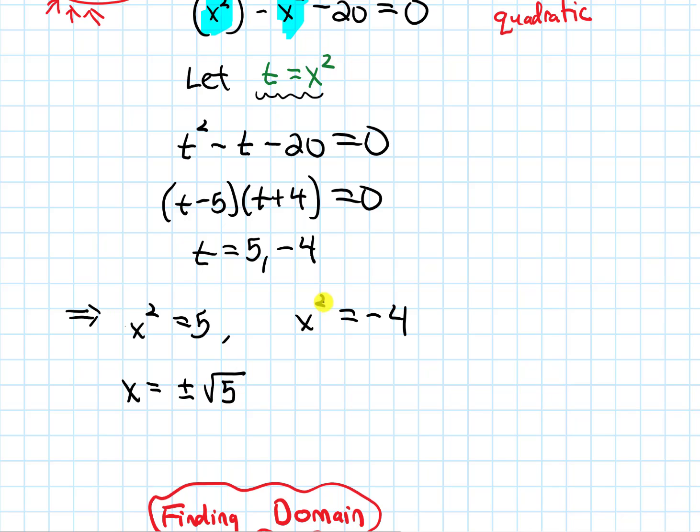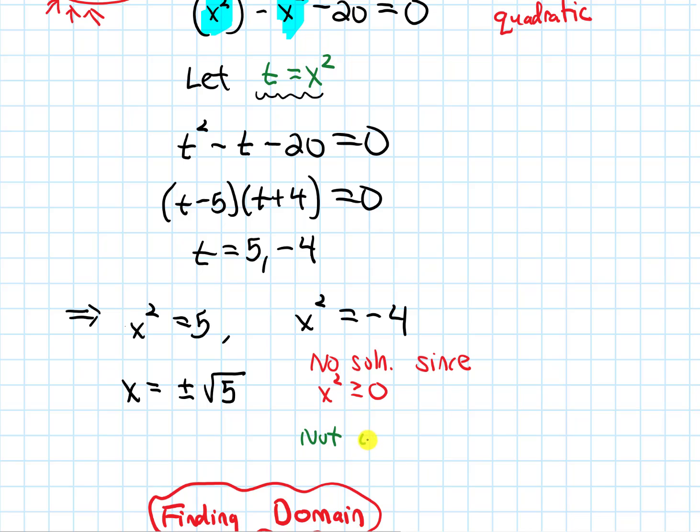And then from this other equation, x squared equals negative 4, I might recognize that if I square root both sides, I'm going to get an imaginary number. And we are not allowing imaginary numbers in our class. And that would be fine. There's a quicker way, though, which is to say there's no solution, since x squared is always greater than or equal to 0. There's no way it could be equal to a negative number.